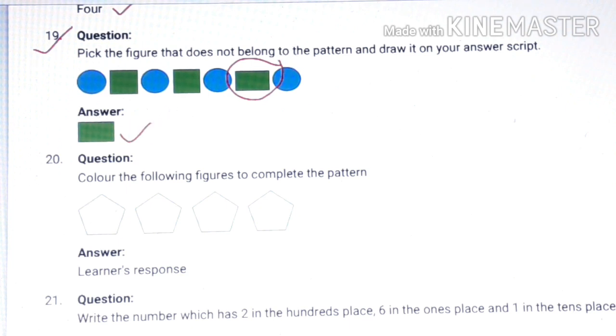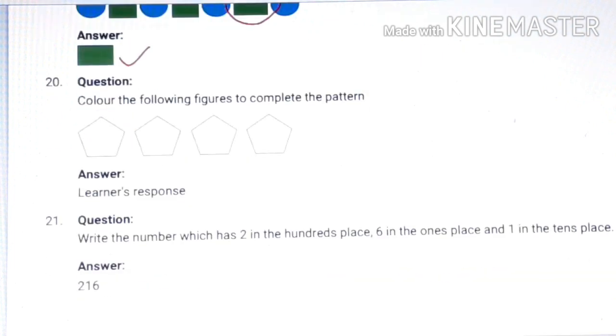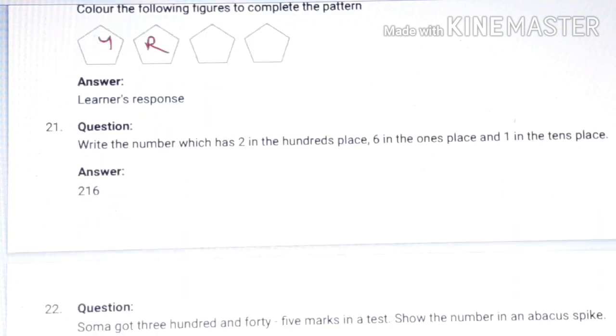Okay, the correct answer is this. Number 20. Color the following figures to complete the pattern. You can make your own pattern and color it the way you want. You can put yellow here and then red here, any color of your own, to make a pattern.